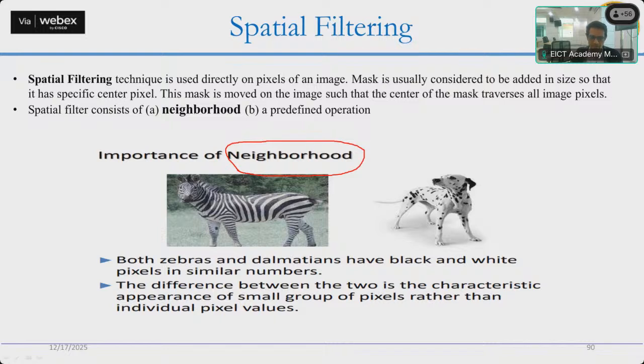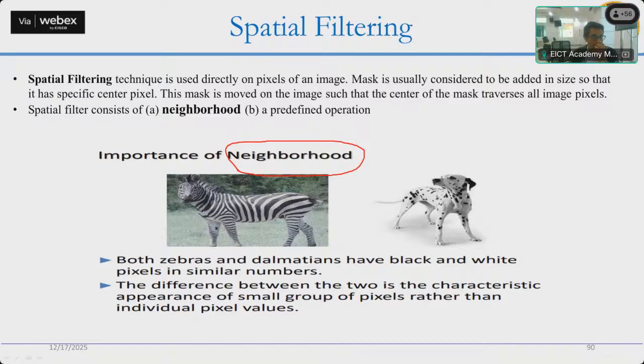Same histogram. The difference between the two is the characteristic appearance of a small group of pixels rather than the individual pixels. Here you see this pattern is totally different in both of these. So this neighborhood is actually ignored in the histogram, which becomes very important in image processing.